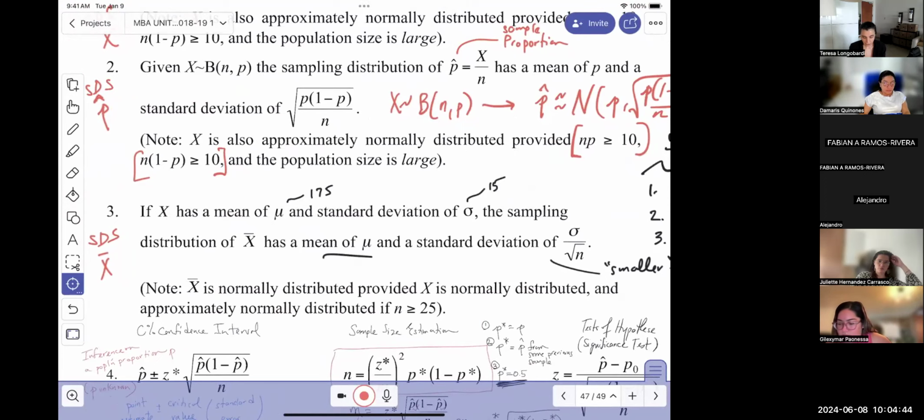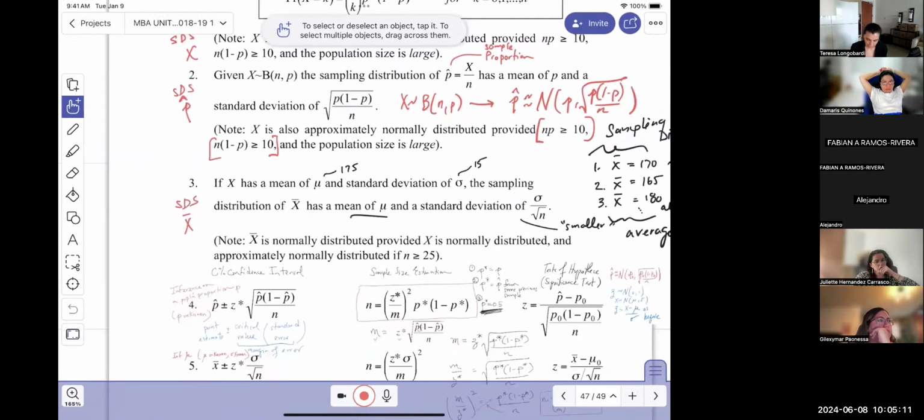I call it a formula because it's a formula sheet, but this is what we discussed last week about the distribution of the statistic X bar, and X bar comes from a distribution. One sample mean comes from a distribution of all the sample means that have a mean of the true population mean, but a standard deviation that's smaller. So we're going to use that here.